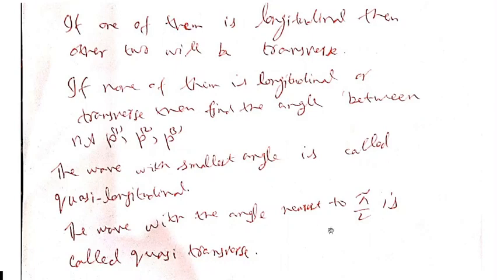And if the angle is near pi by 2, then it means that we have quasi-transverse. Simply because we know that if the angle between n and p is pi by 2, then we have transverse, and if it is close to pi by 2, then it would be quasi-transverse. So this is the case when we have no longitudinal and no transverse. So it means that we can have quasi-longitudinal and quasi-transverse in this case.